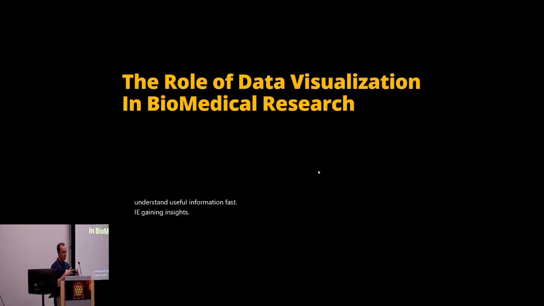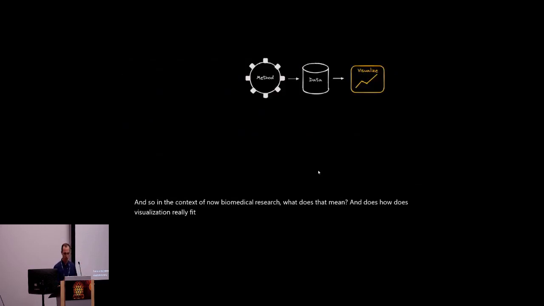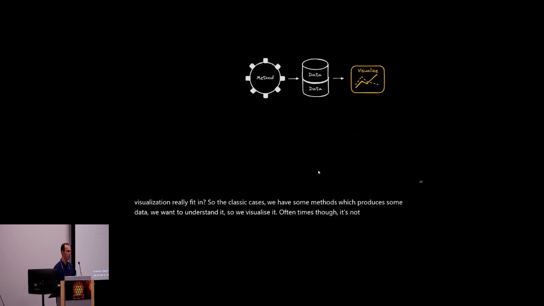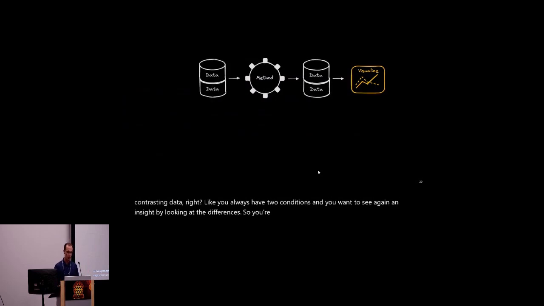And so in the context of biomedical research, what does that mean and how does visualization really fit in? The classic case is we have some method which produces some data, we want to understand it, so we visualize it. Oftentimes though, you're always contrasting data, right? You always have two conditions and you want to gain an insight by looking at the differences. So you're visualizing those. But then, as I mentioned before, you have input data.